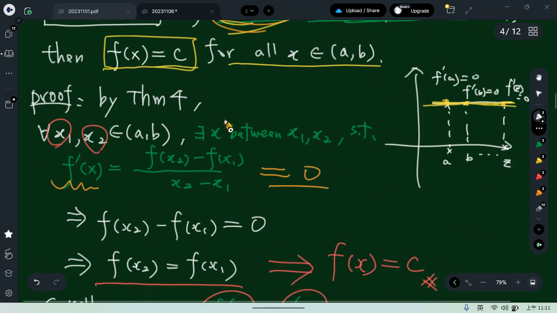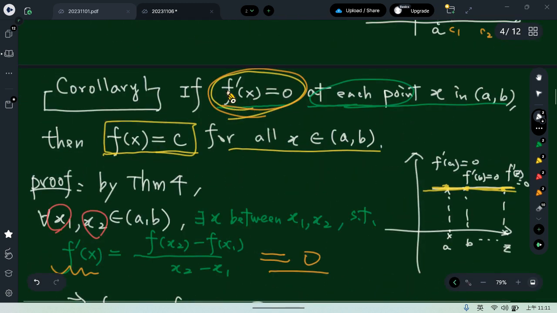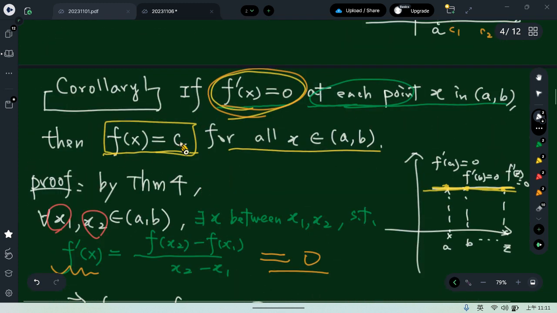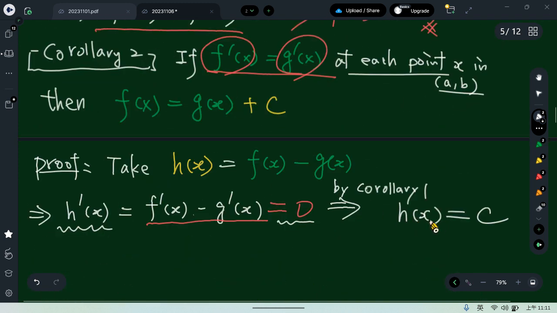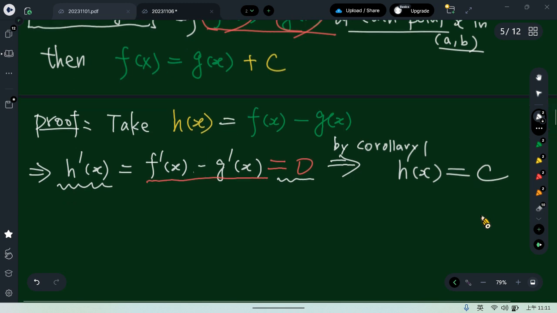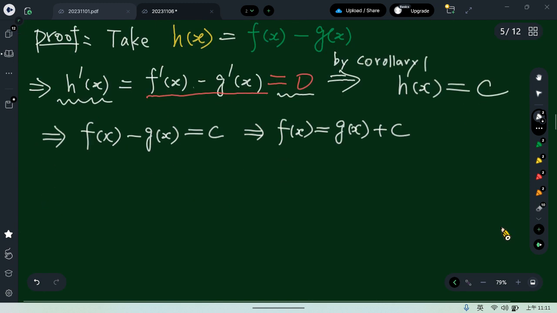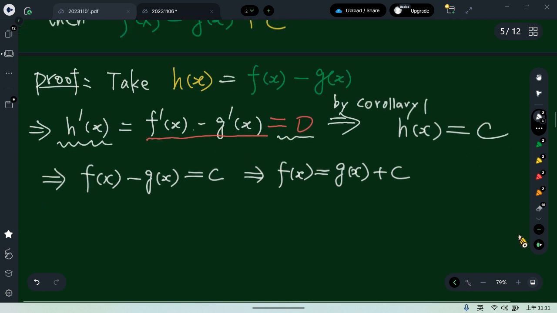Based on this, if its first derivative is 0, then we will say it's a constant function. So h of x should be constant. Then let's just roll it back to the original one. f of x minus g of x should be c, so that we can get f of x is equal to g of x plus c. Okay, so we just proved it.